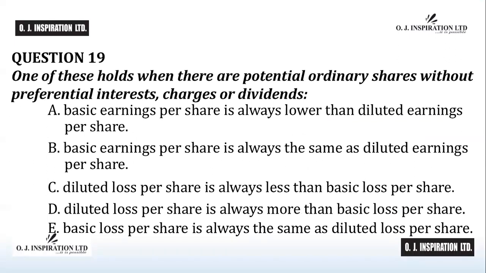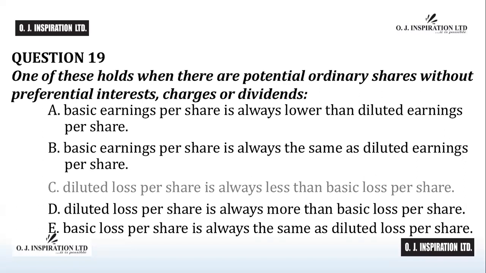Question number 19. The answer to question number 19 is C. Diluted loss per share is always less than basic loss per share. Given the dilutive nature of potential ordinary shares, the denominator in the calculation increases with the same common numerator for basic calculation, which could be a profit or loss.